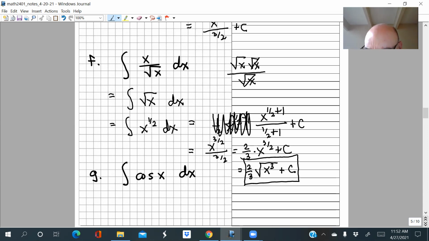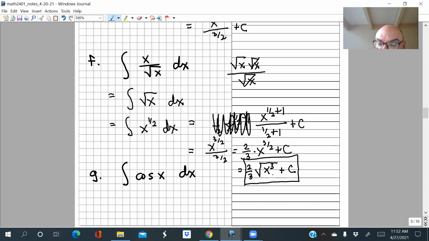So what do we know about that antiderivative? We know, or what's supposed to be the case, is that when you take the derivative of this expression, you're supposed to get square root of x, which is the same as x over square root of x. So remember, you can check your work when you're doing integration. It's hard to do when you're differentiating, but when you're integrating, you can check your work by taking the derivative of what you get.